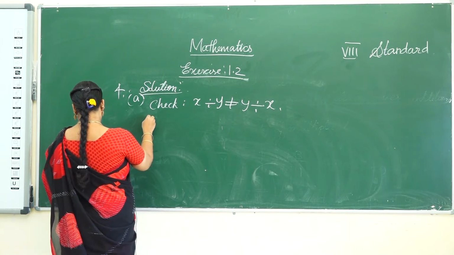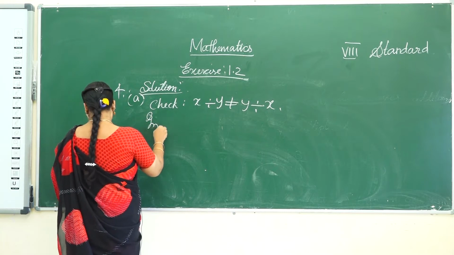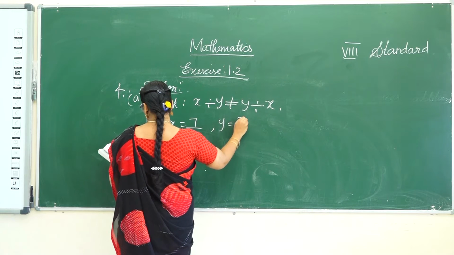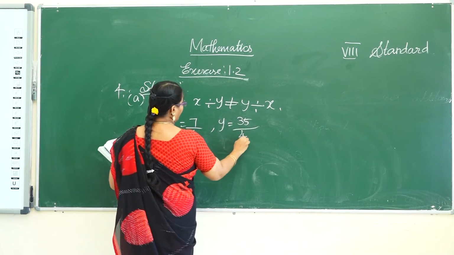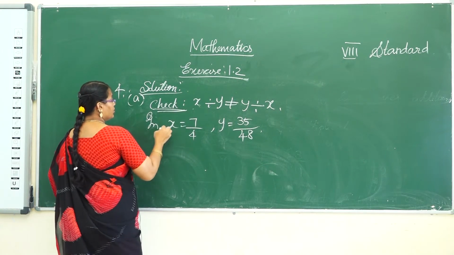So first one, given x equal to 7 by 4, y equal to 35 by 48. So substitute in this equation.